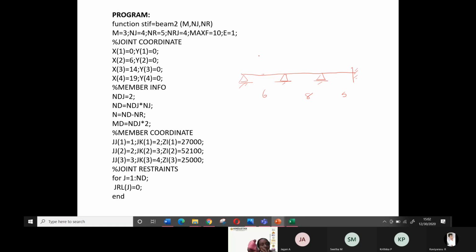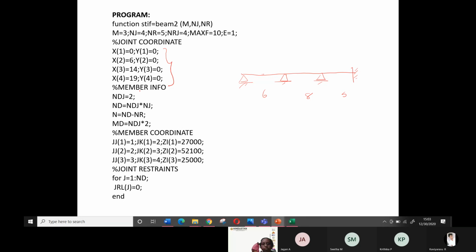We have learned up to this point how to formulate the joint coordinates. We are given some information about the structure: the number of members, the number of joints, the number of restraints, and the coordinates.